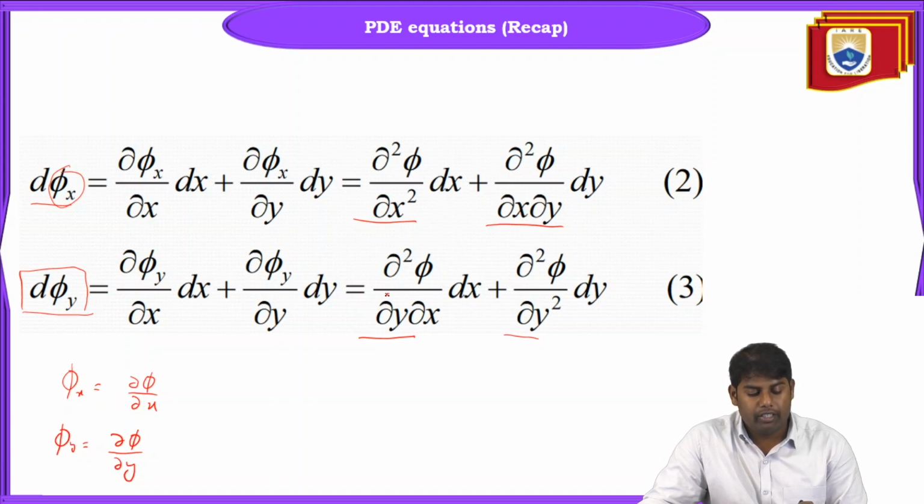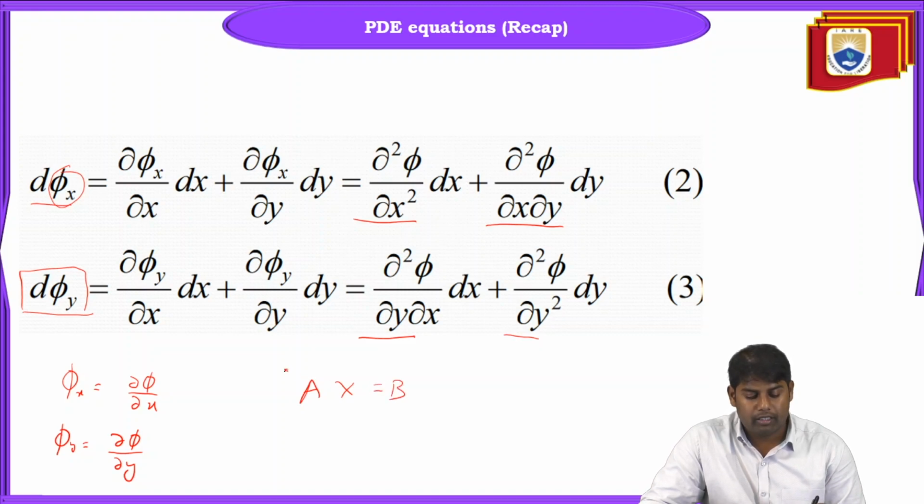The third equation is ∂²φ/∂y∂x into dx plus ∂²φ/∂y² into dy. From these three equations, we will get the coefficient matrix A, the x matrix, and the B matrix.